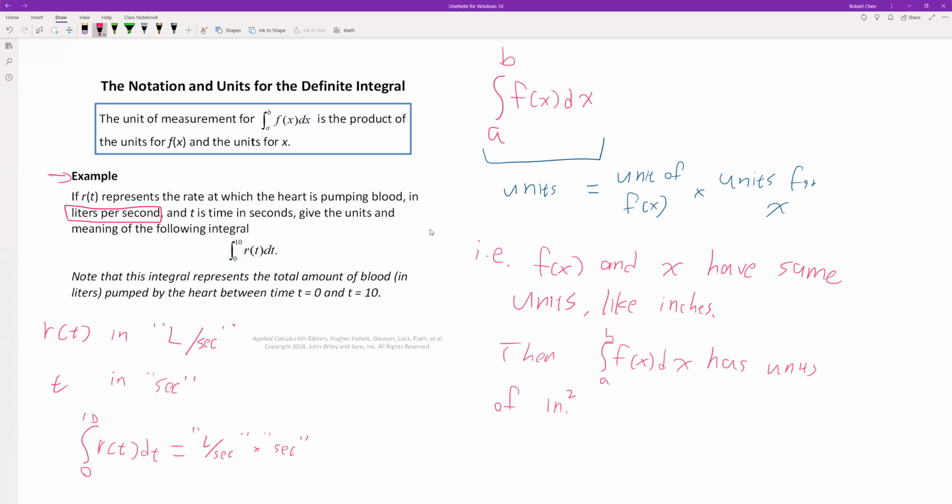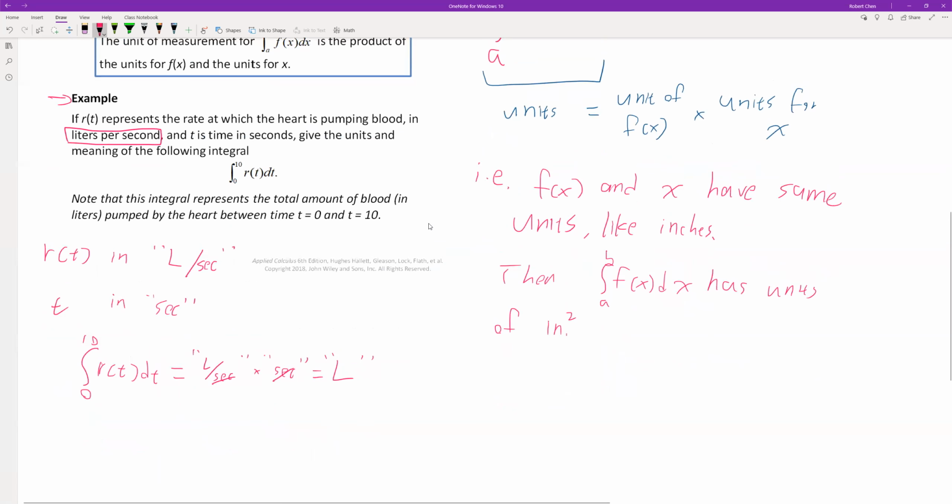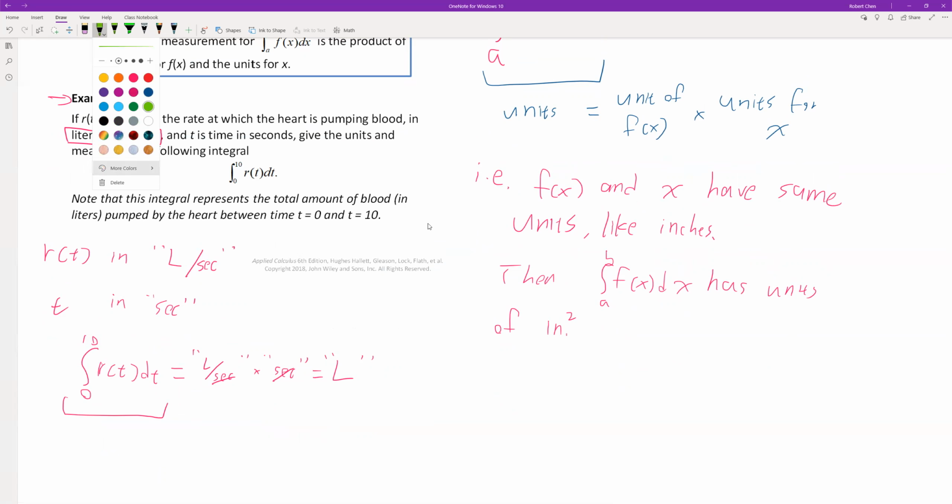Just like multiplying fractions, we can simplify the seconds in terms of units, and that will give us liters. So the unit for this integral is in terms of liters. To be a little more specific, notice our lower bound and upper bound are from 0 to 10.